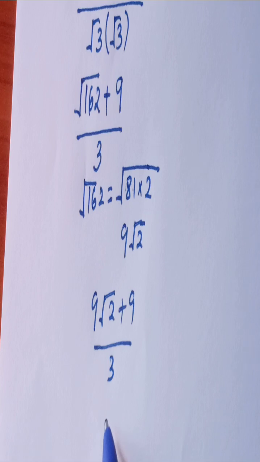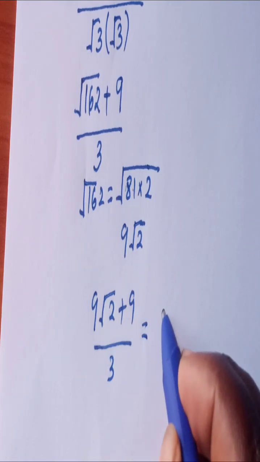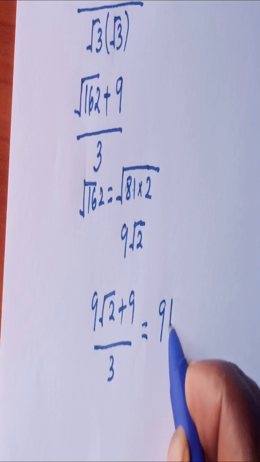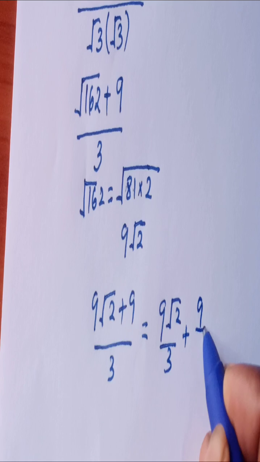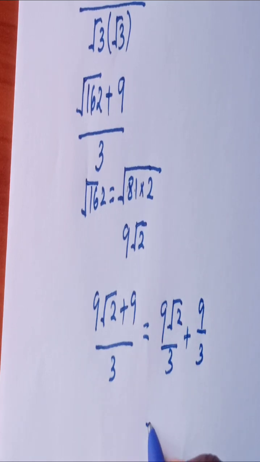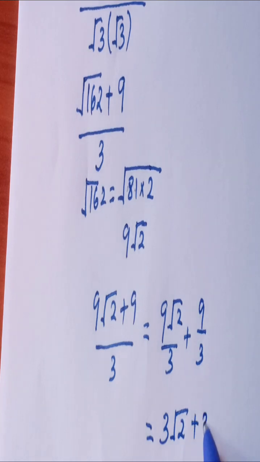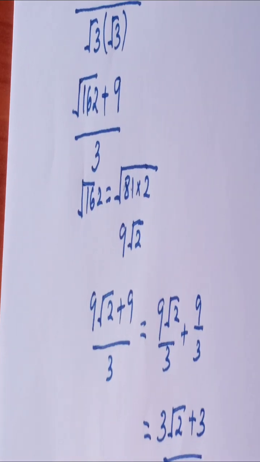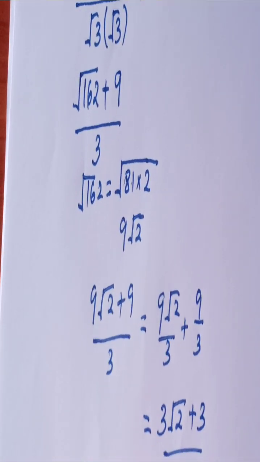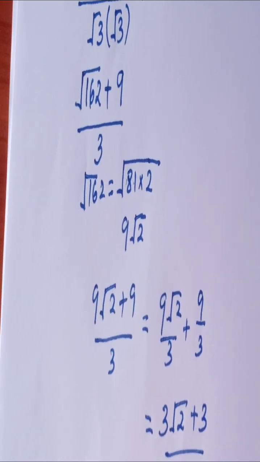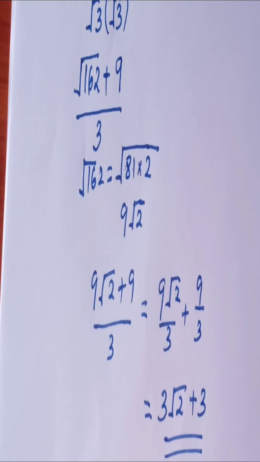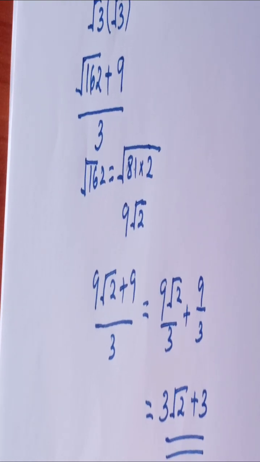So this can be written as 9 root 2 over 3 plus 9 over 3, whereby the final answer is 3 root 2 plus 3. This is our final answer in simplified form, so we have simplified that question.